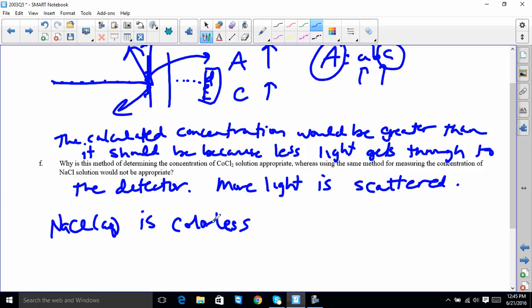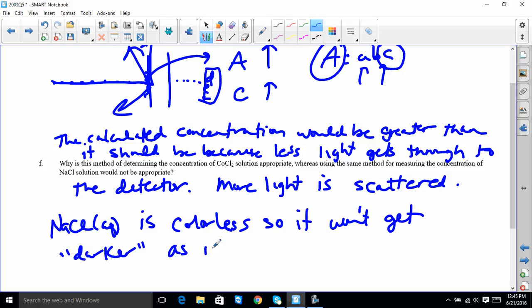It works because on a colored solution, the hue or the color gets darker as the concentration goes up. It won't get darker as it gets more concentrated.